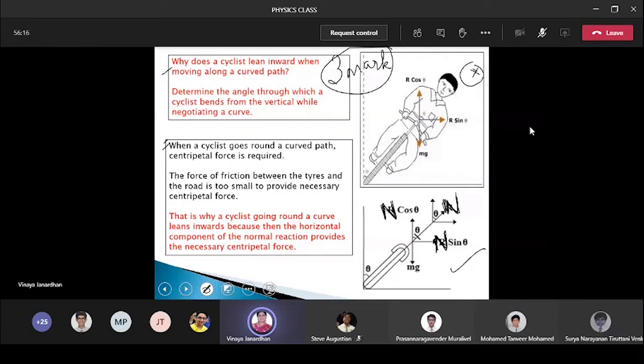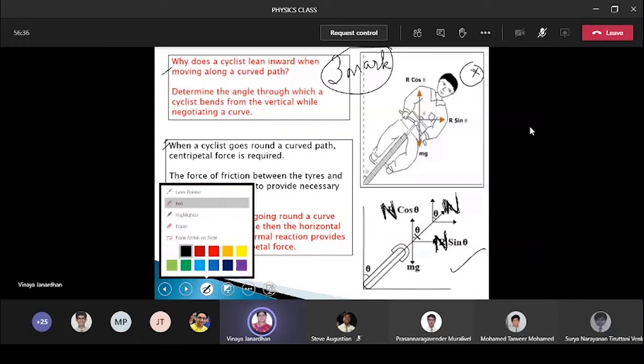You can see the dimension of the tire. So what if frictional force is very less? Something has to provide the centripetal force. You have to check which force is acting towards the center of the circular track; that is your centripetal force. Now let me draw that over here.